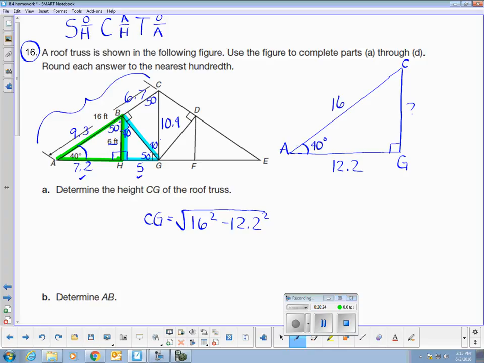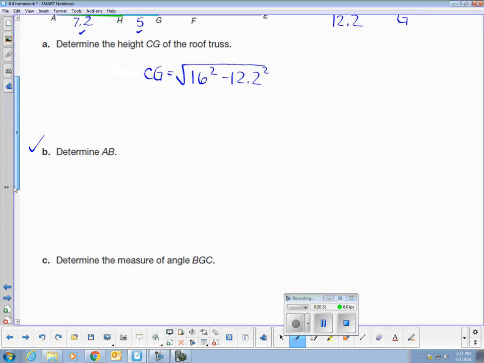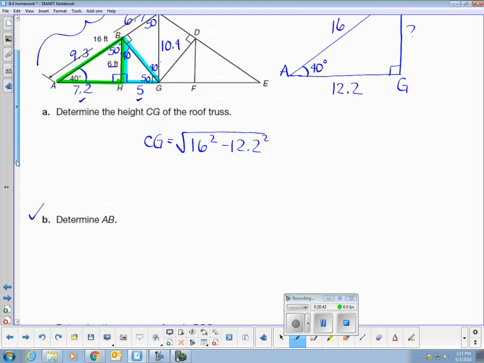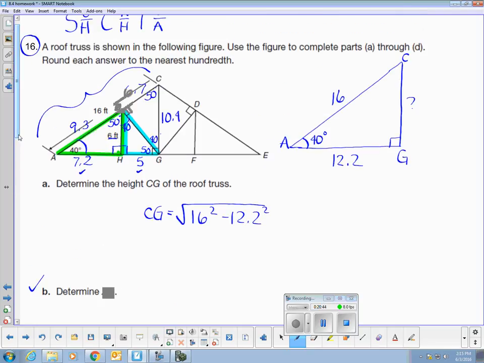All right, so let's take a look at what we need to find and make sure we have everything in the drawing that we need. So we need to determine the length from A to B. A to B, yep, check. We need to find the measure of angle BGC, and that's this angle right here.